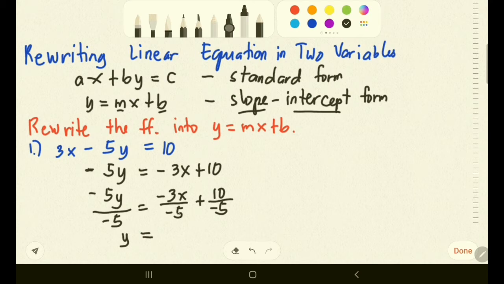This is a fraction, but you can simplify the negatives. That becomes positive, so that becomes 3/5 x. Then 10 divided by negative 5 is negative 2. So the y equals mx plus b form of 3x minus 5y equals 10 is y equals 3/5 x minus 2.